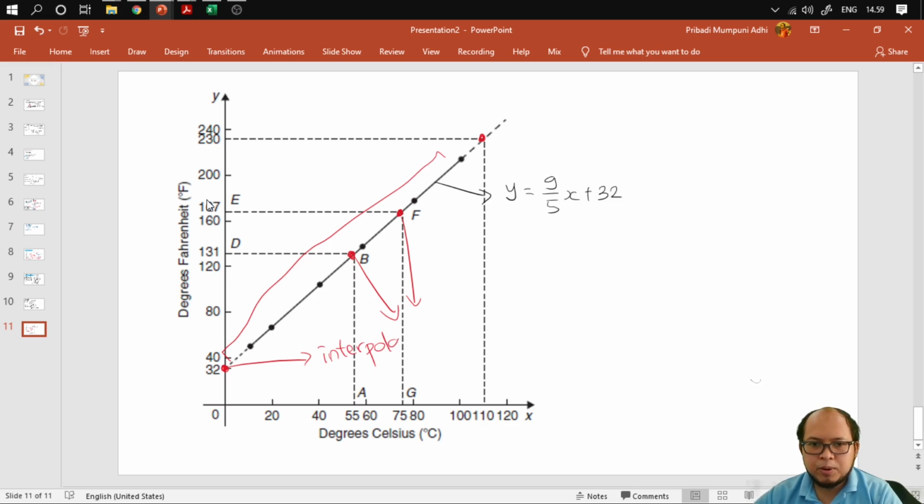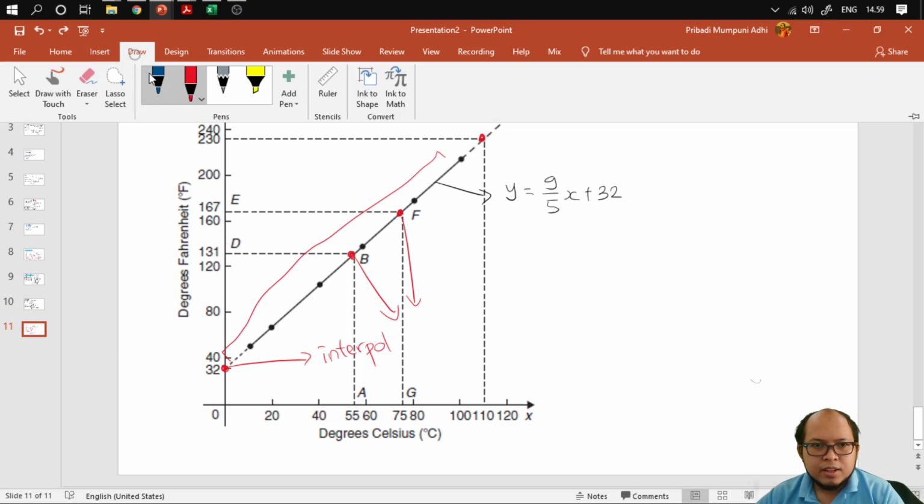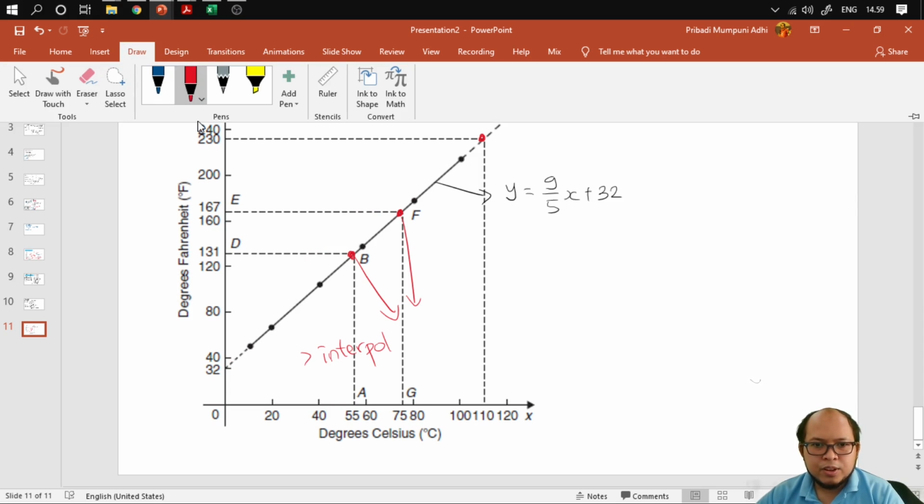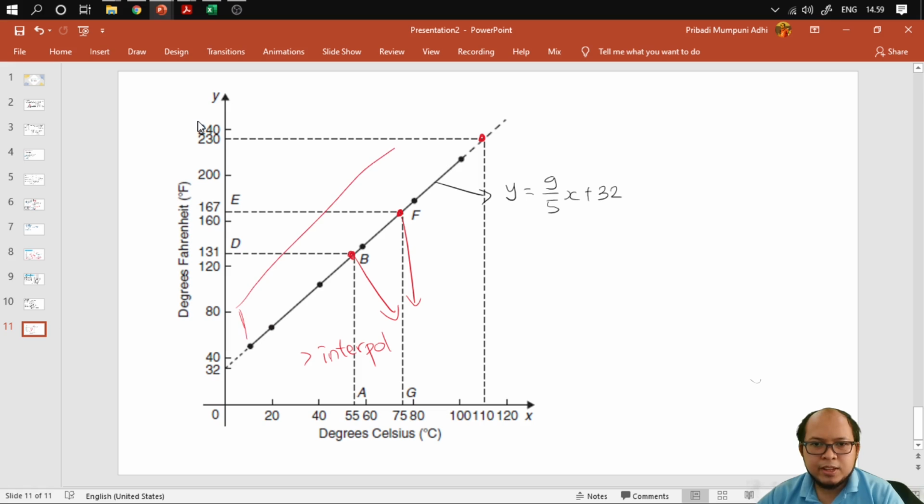Sorry, this is not interpolation, correction, from here to here.